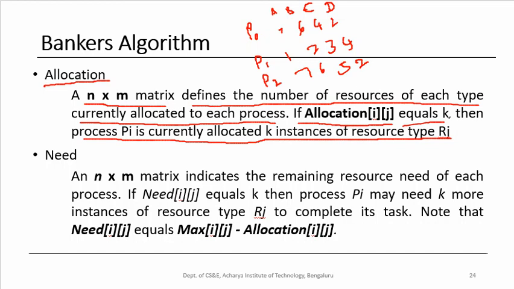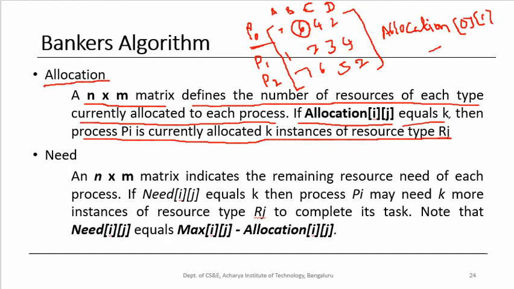Okay, this represents how many instances of each resource type are allocated to a particular process. For example, you take this. What is this? This is allocation. What is the value of i here? The value of i is 0, and what is the value of j here? The value of j is 1.